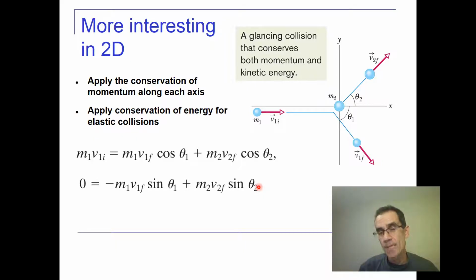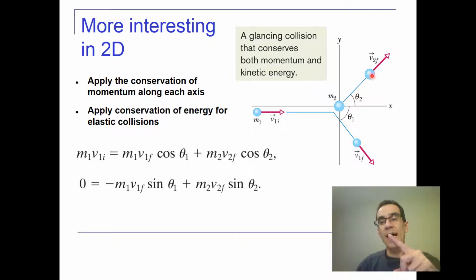Okay? So, check this out. Let's look at what this is. If I have m1 v1f sine of theta 1, I will actually be getting the component of the velocity v1f times m1 along the y direction. I know this has to be a negative number, because it's in the negative part of the y-axis.